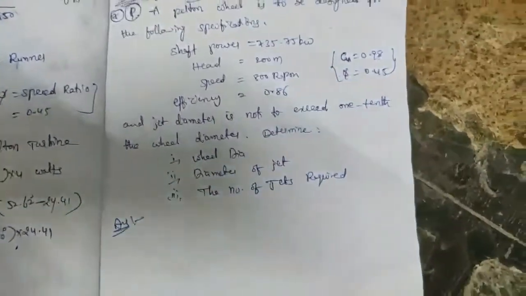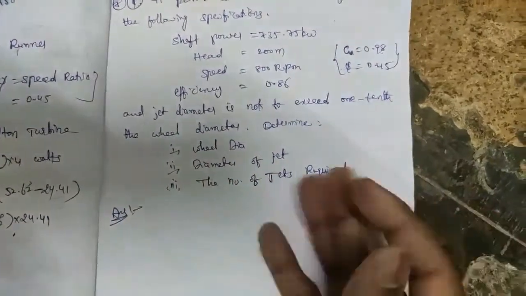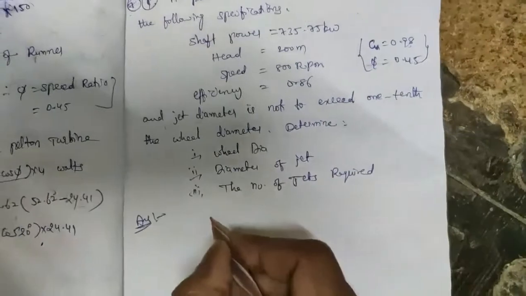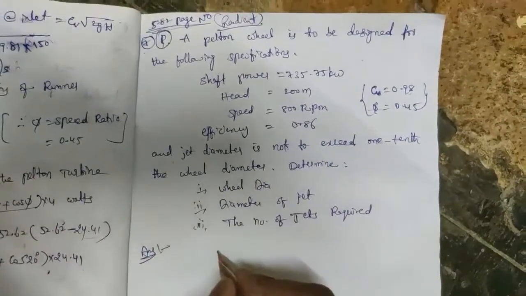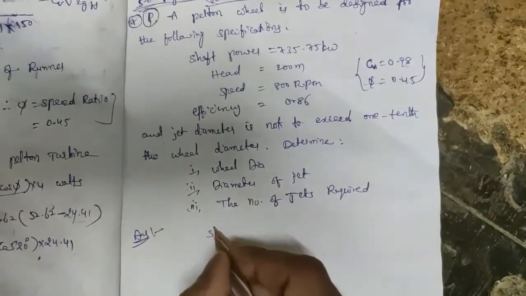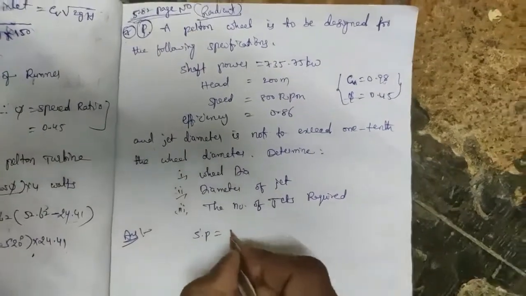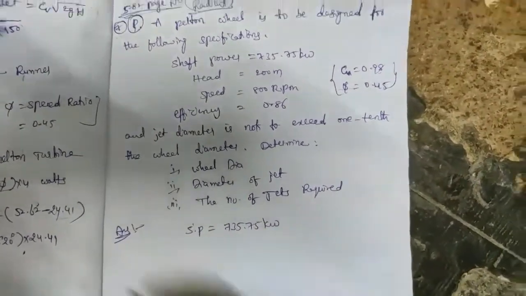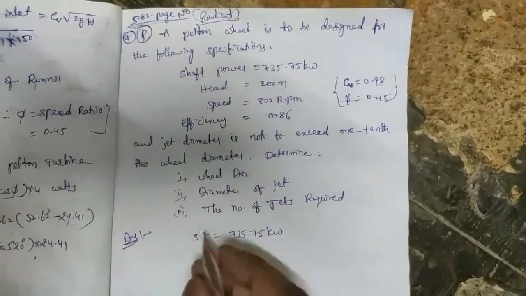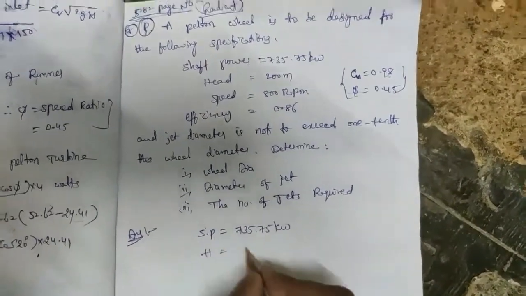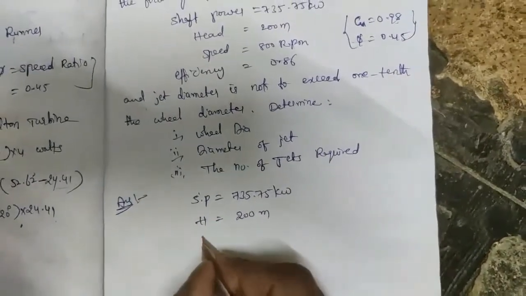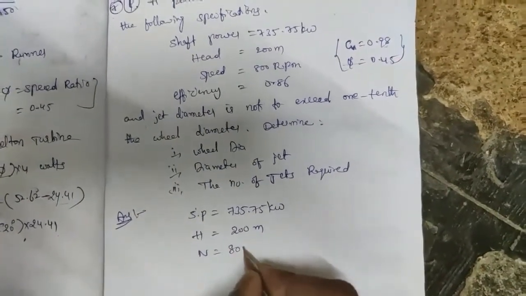So I'm writing briefly. For shaft power, SP equal to 735.75 kilowatts. Next, head H equal to 200 meters, and speed N equal to 800 rpm.